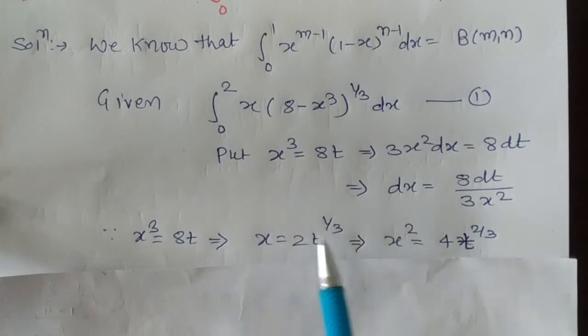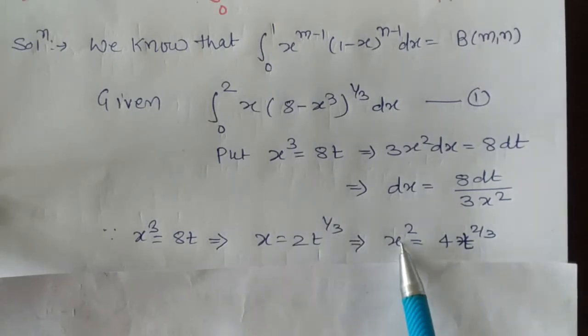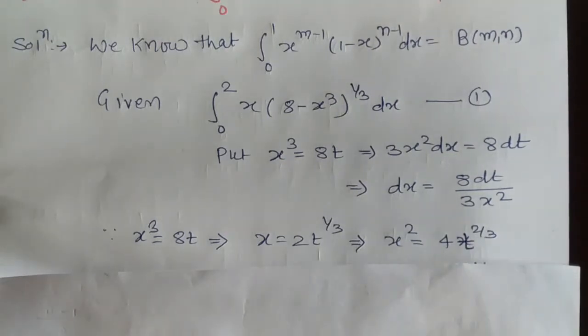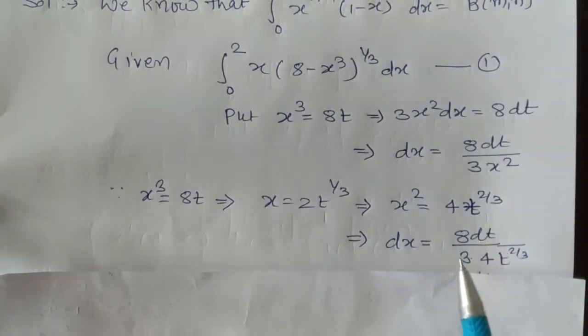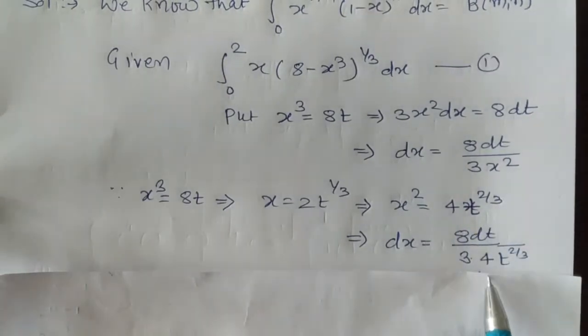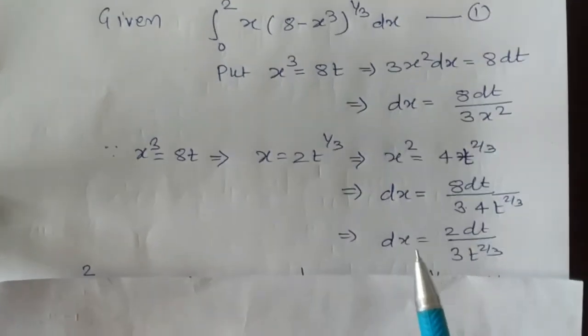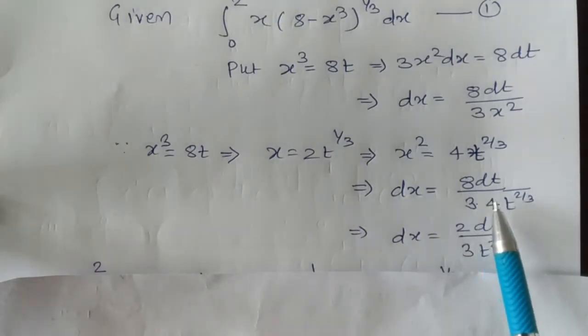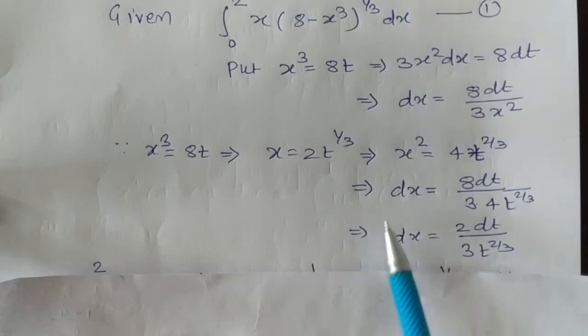Squaring both sides, we get x square is equal to 4 into t power 2/3. Now putting the value of x square here, we get dx equal to 8 dt upon 3 into 4 t power 2/3, and finally, since 8 by 4 is 2, dx is equal to 2 dt upon 3 t power 2/3.